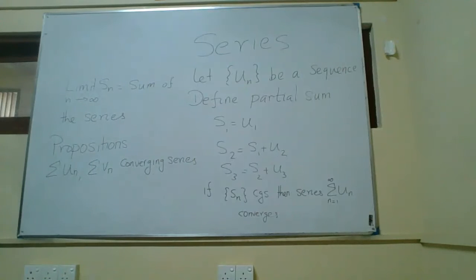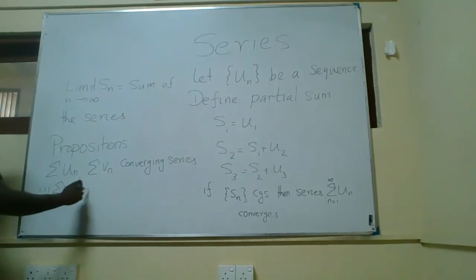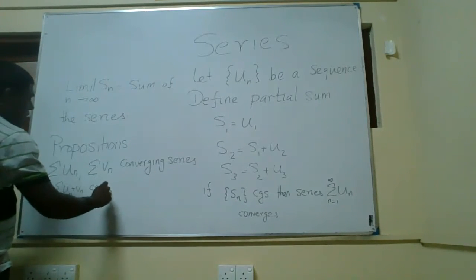Let summation of un and summation of vn be two converging series. Then the first result is that summation of un plus vn converges.